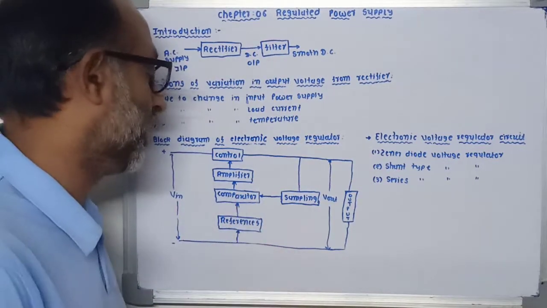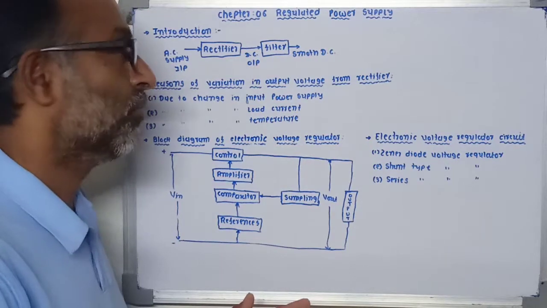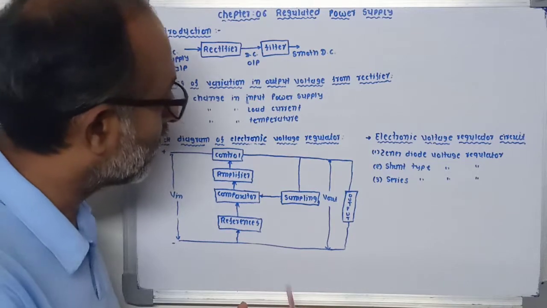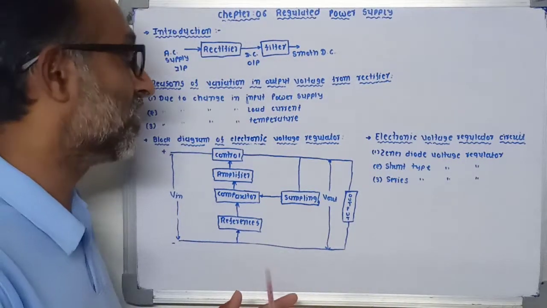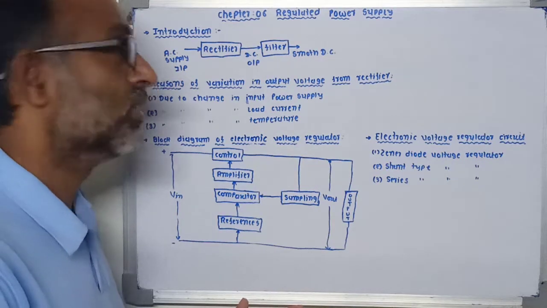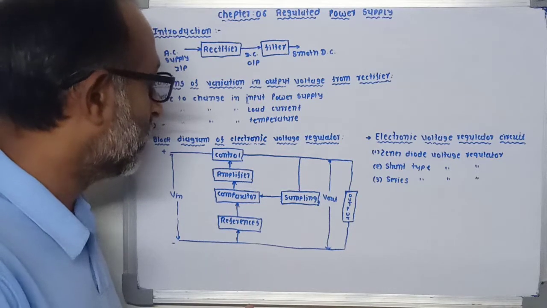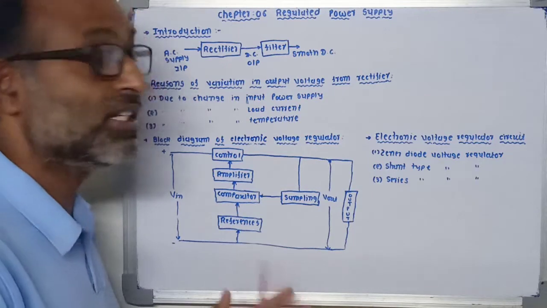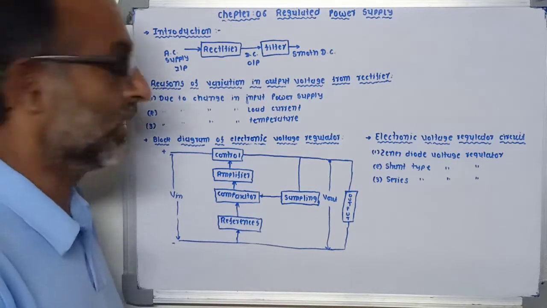Now third, comparator. So two inputs are given to the comparator. One signal is directly proportional to the output voltage. This is called the feedback signal, and another signal comes from the reference. The comparator compares these two signals and generates an error signal.